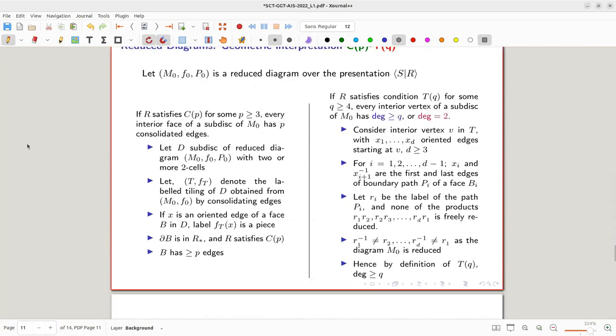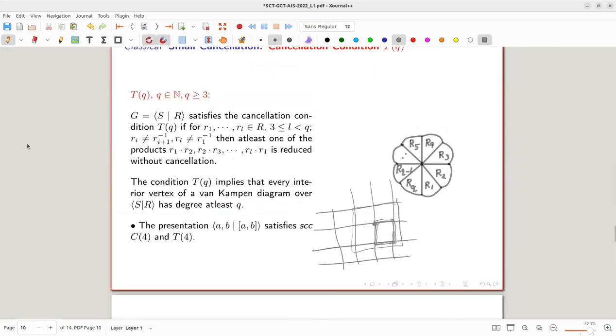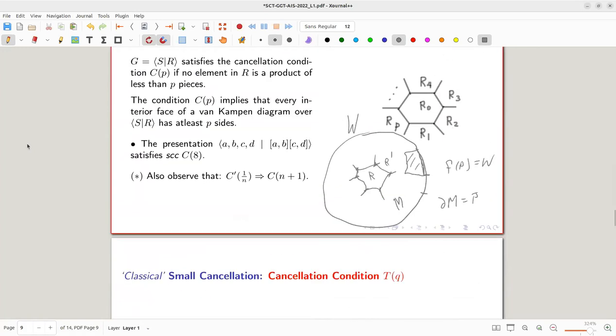If the presentation satisfies C(p), then every interior face of a subdisk M naught has p consolidated edges, right? So that is what we are trying to say. So why is that so? Oh, one thing I haven't mentioned is what is a consolidated edge. A consolidated edge is like this one. You see that we can have many edges like this, right?